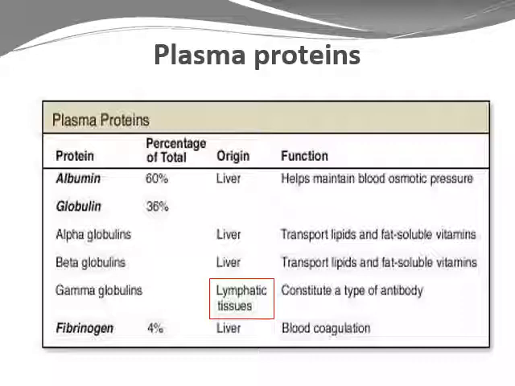Except for gamma globulins, which are immunoglobulins, the rest are made in the liver. They mainly help with transportation, whereas the immunoglobulin gamma is made in the lymphatic tissue and plays a role as an antibody. The other major protein that is found is fibrinogen that makes up 4% of the total plasma protein, again synthesized in the liver, and plays a role in blood coagulation.